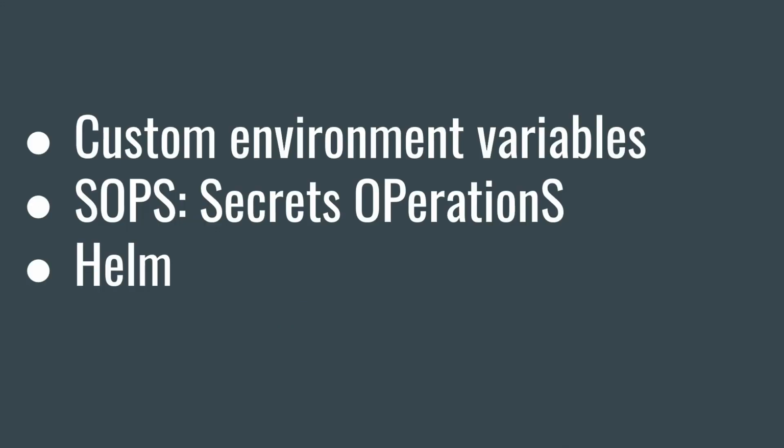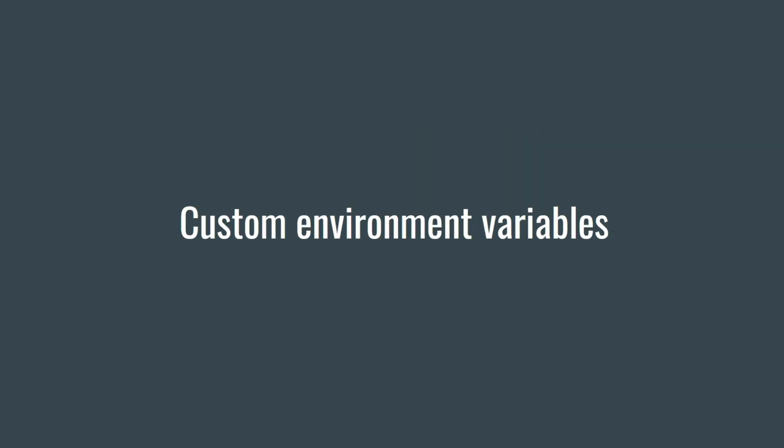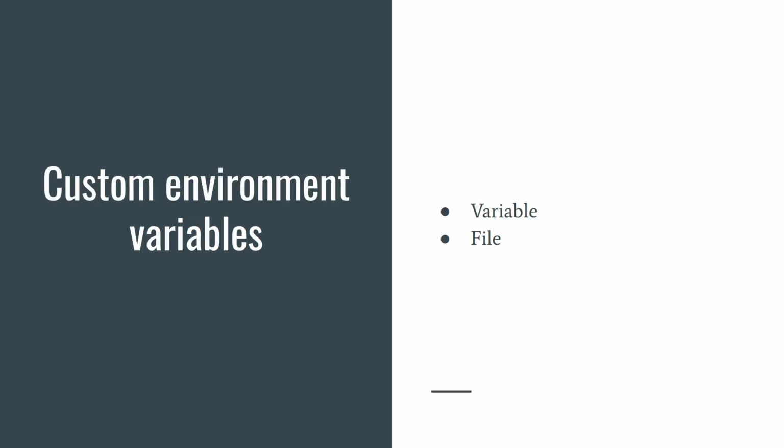We will touch these topics in the presentation: custom environment variables, Sops, and Helm. We can use custom environment variables. There are two types of variables: variable and file. Variable: the runner creates an environment variable that uses the key for the name and the value for the value.